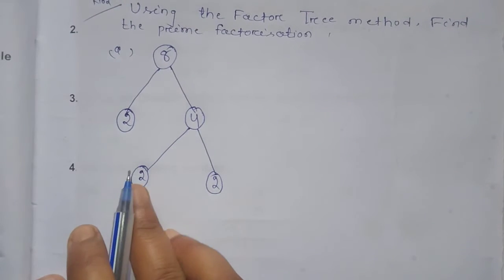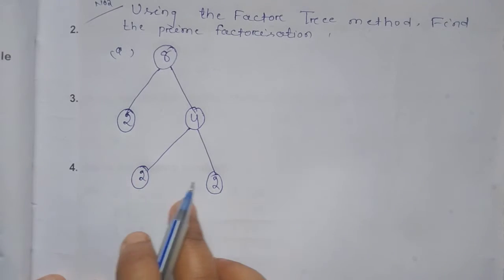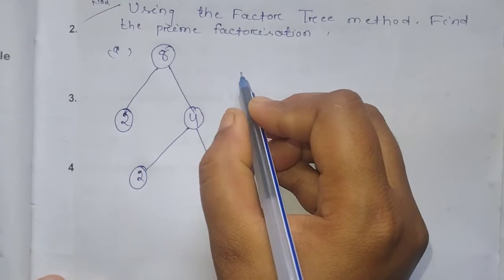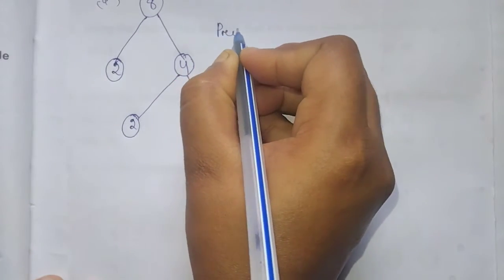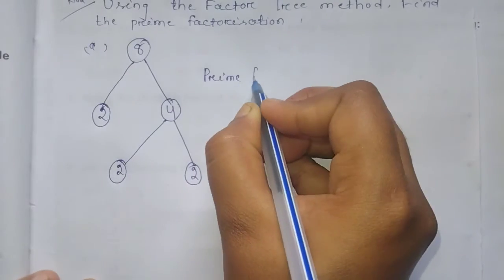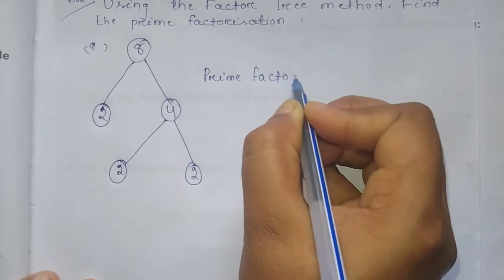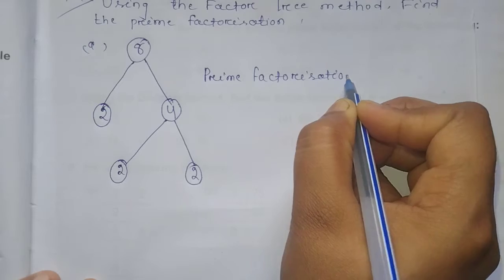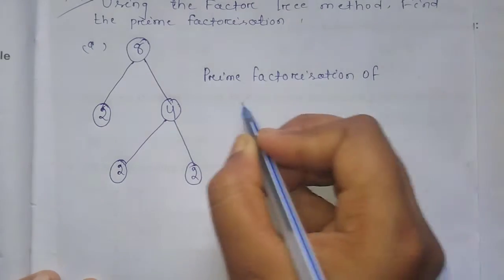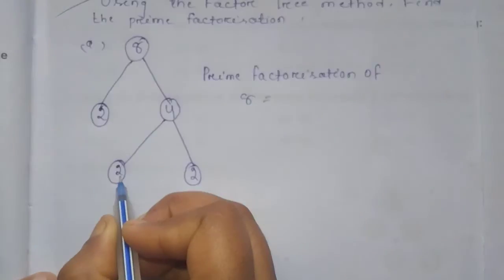The prime factorization will contain no composite number. So prime factorization of 8 equals 2 into 2 into 2.